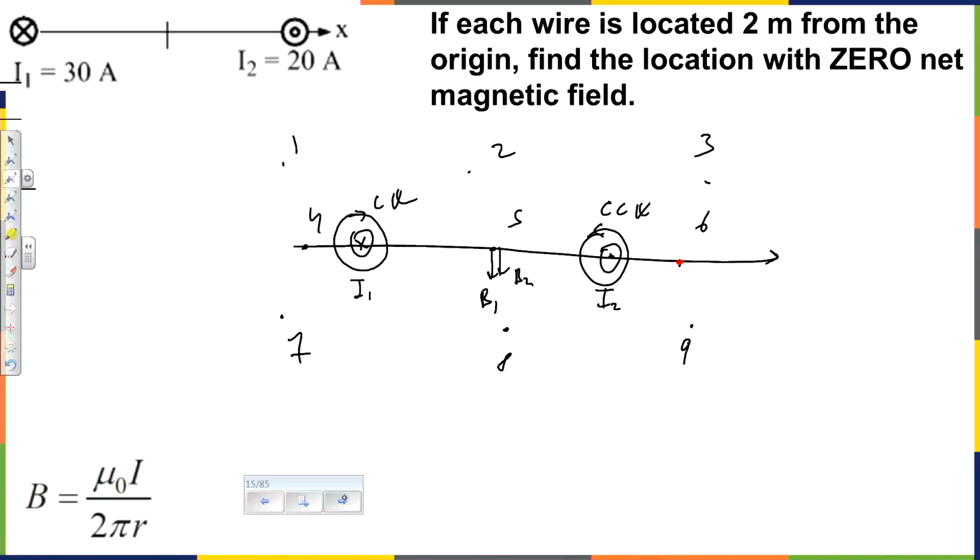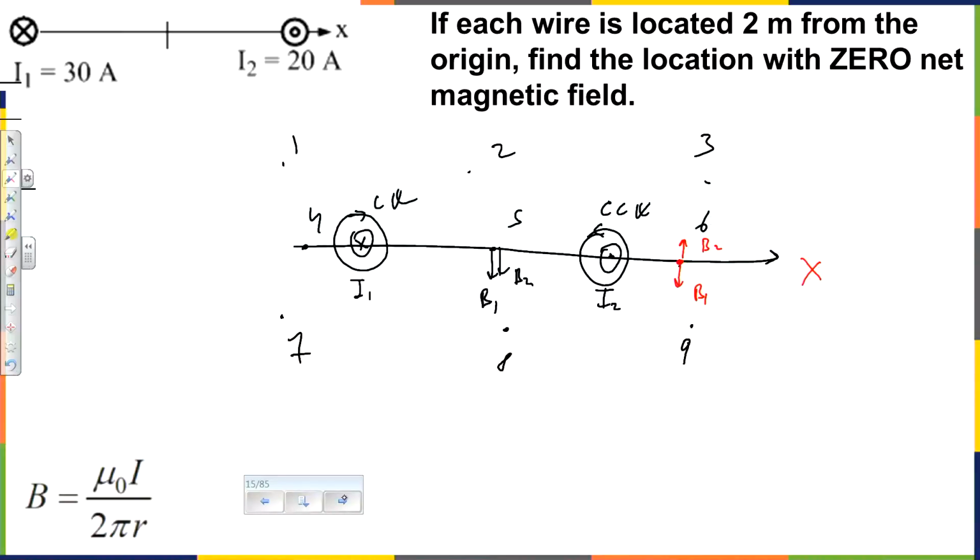Here, what should we have? Magnetic field number 1 here still should point down, but magnetic field number 2 here should be directed up, right? Down, up. And together, at that particular location, they should cancel each other out. Well, first of all, to describe a location, we need either x coordinate or certain distance.